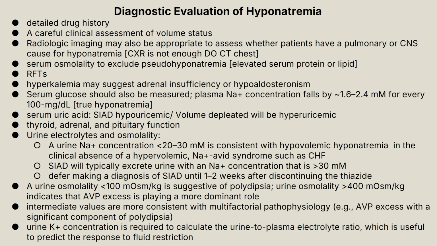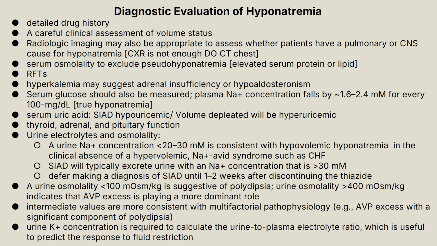Sodium avid syndromes. So what it basically means is that when we see a urine sodium concentration of less than 20 to 30 millimoles, it would suggest that this patient is hypovolemic with hyponatremia, if the patient doesn't have a condition which causes hypervolemia and low sodium excretion, like congestive heart failure or third spacing, such as ascites and liver cirrhosis.